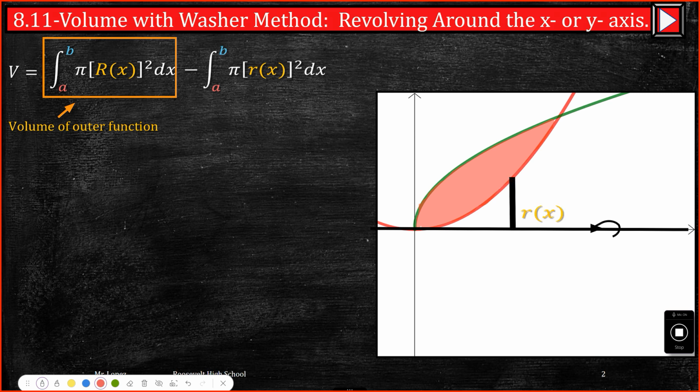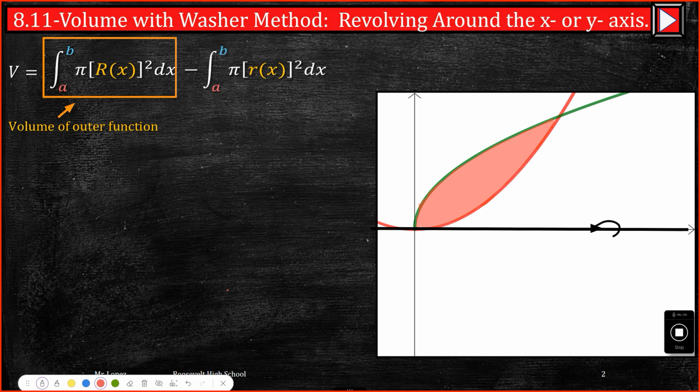And that's the inside radius. They are separated. So one big thing to remember on the difference between what was the other one? The disk method. The disk method was just that it's not hollow. It's the whole thing. So when it's hollow and it has something missing on the inside, you have to separate the two.